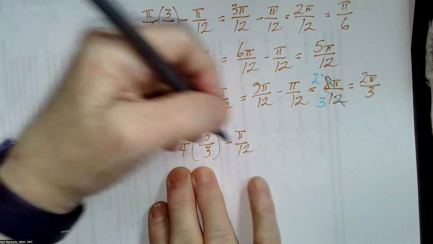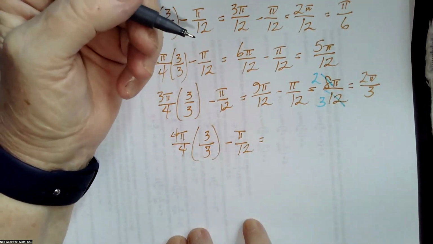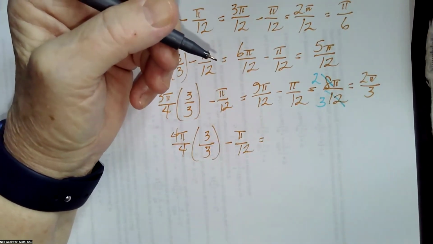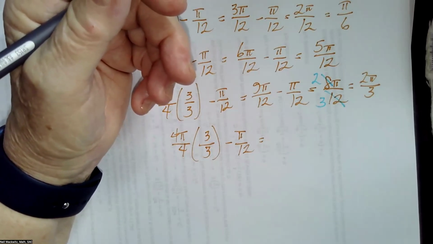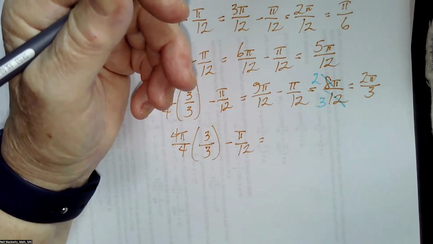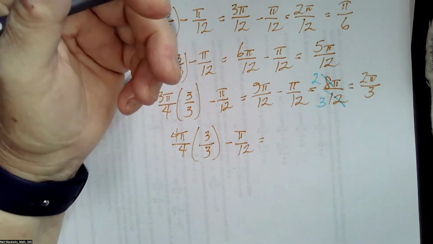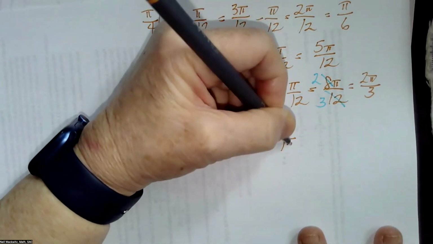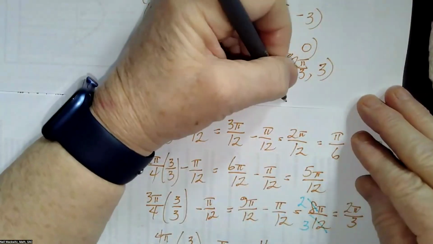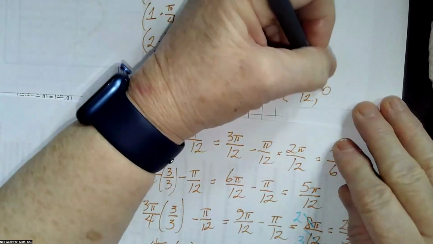We get 12π minus 1π, and that leaves us with 11π over 12. Good. So our final point is (11π/12, 0).